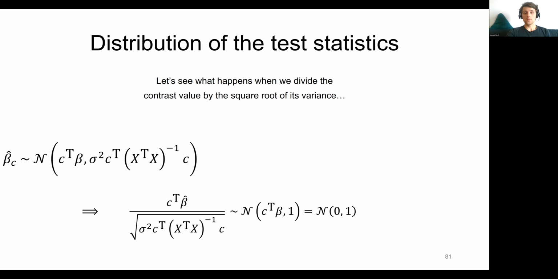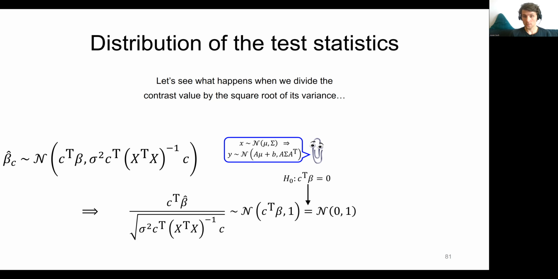And if we do this and again apply the linear transformation theorem, which obviously also holds for univariate normal distributions, we obtain that this very simple normal distribution with unit variance, under the null hypothesis which states that the contrast value is 0, will be a normal distribution with mean 0 and variance 1.